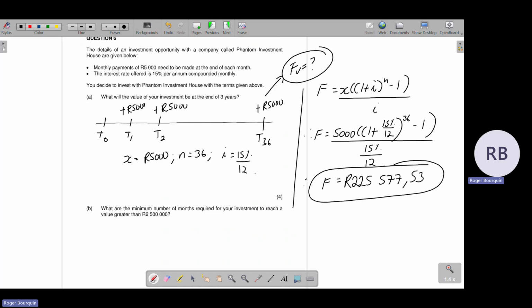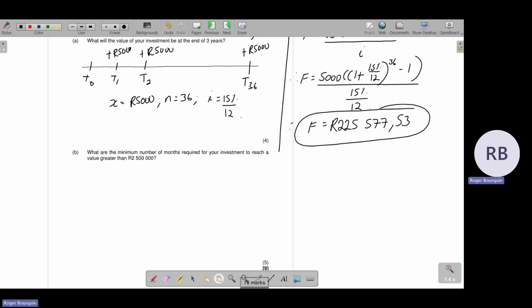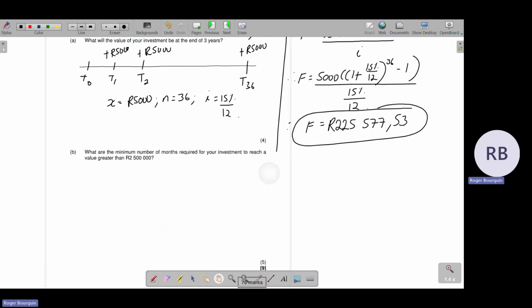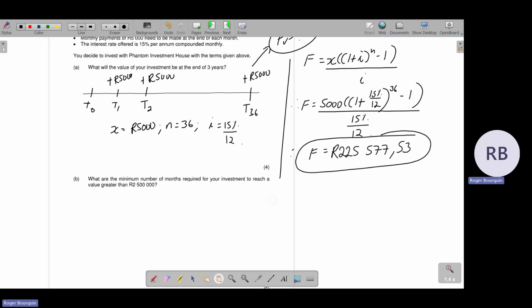Right. Question B. What is the minimum number of months required for your investment to reach a value greater than 2.5 million? So what's happening now is we've got T0, T1 is still 5,000. Everything stays the same, T2 is 5,000.